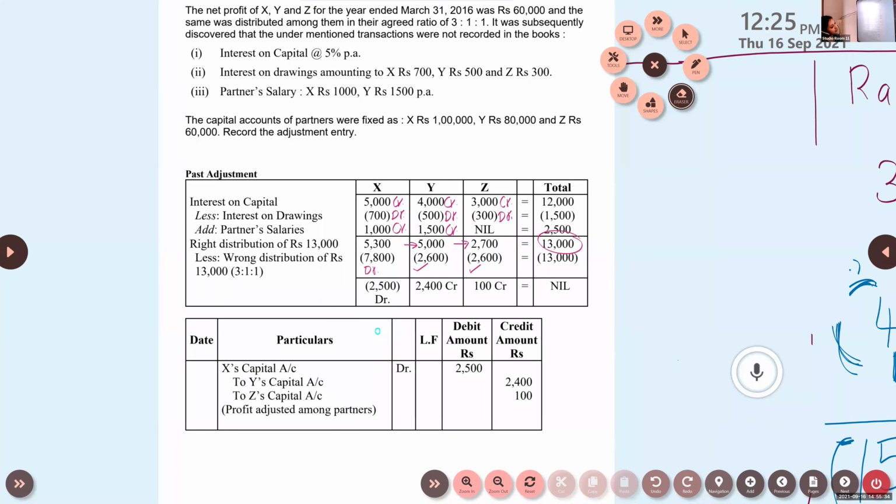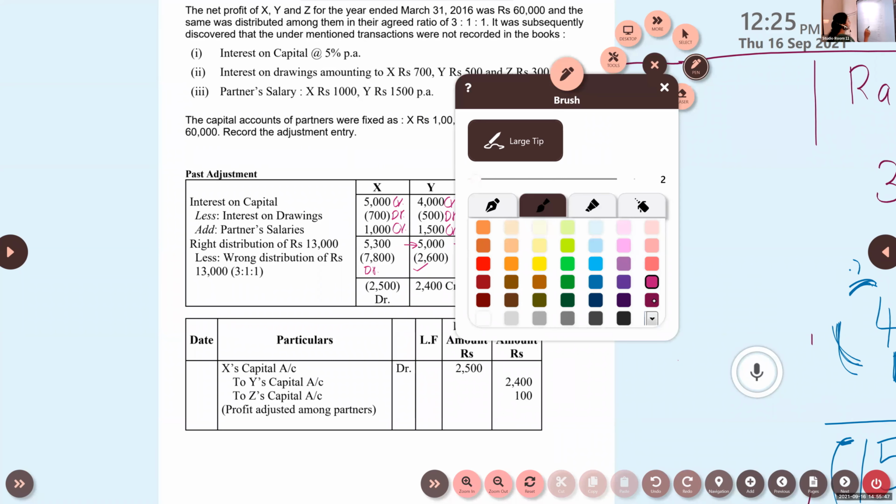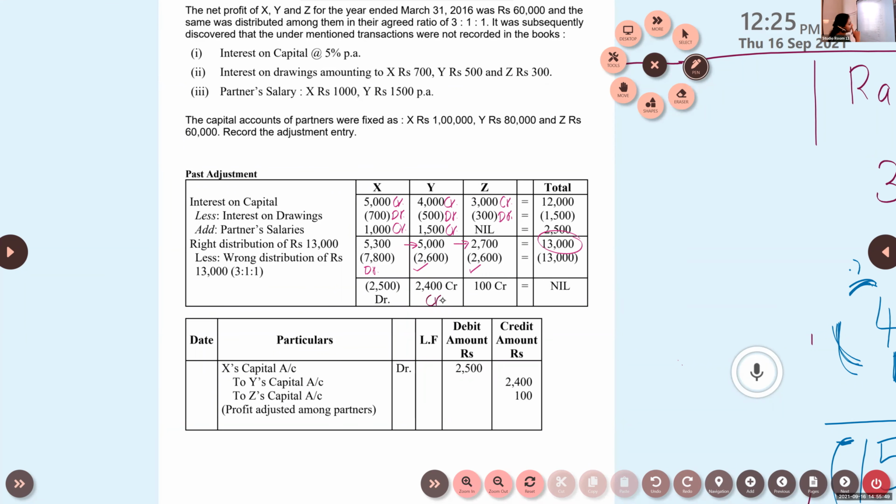Actually, he should be receiving 5,000. So extra 2,400 should be given. Give additional 2,400. So credit. Show the sign credit.